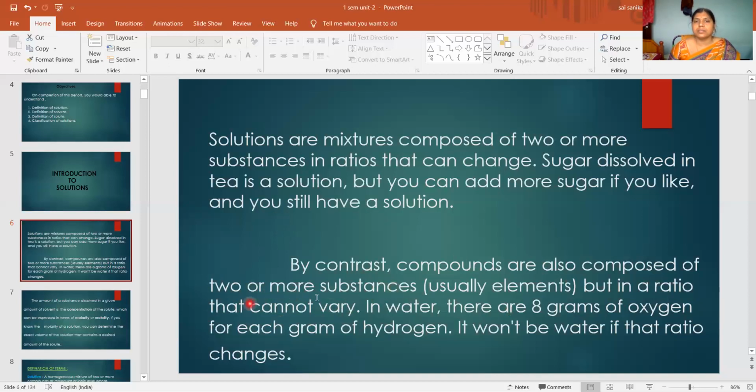Its ratio remains the same. For example, in water there are 8 grams of oxygen for each gram of hydrogen. If the ratio changes, it is not water. Whereas in solutions the ratio may change and it is still a solution. That is the difference between solutions and compounds.